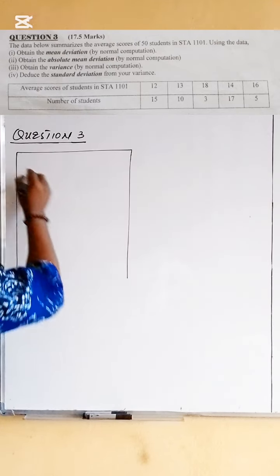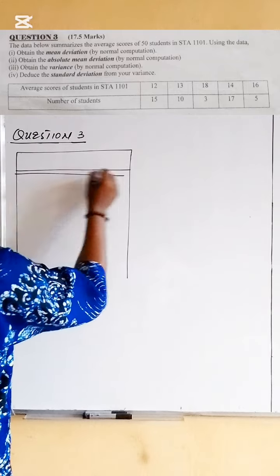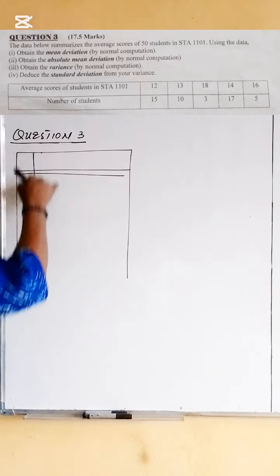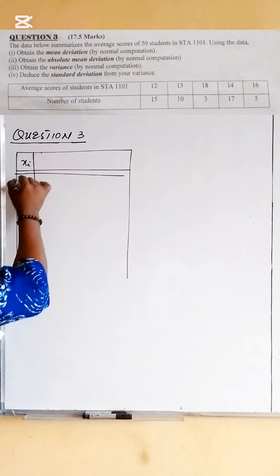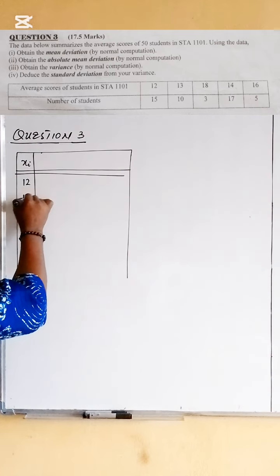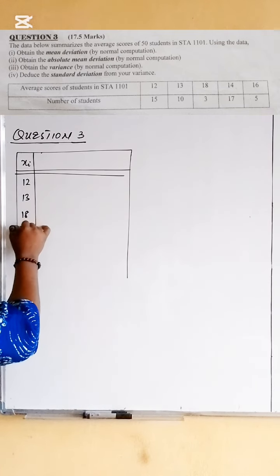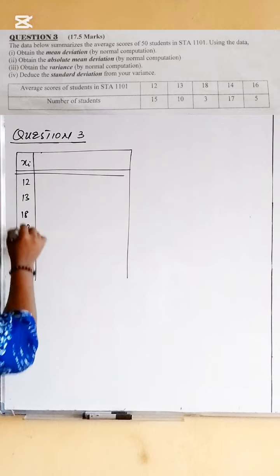So let's reorganize that data. So I have this as xi. Your xi in this case, please take note, will be the average scores of students in STA 1101. So I'm going to put here 12, 13, 18, 14, and then 16.